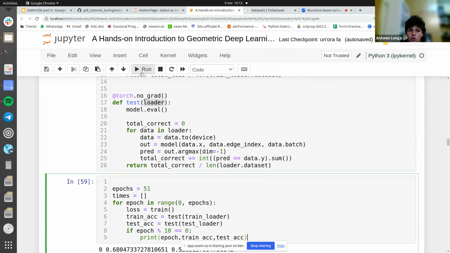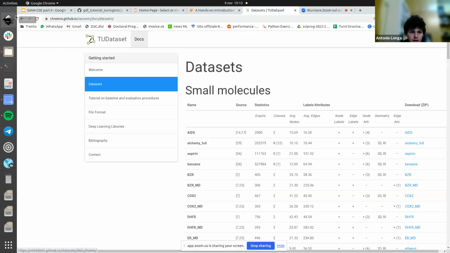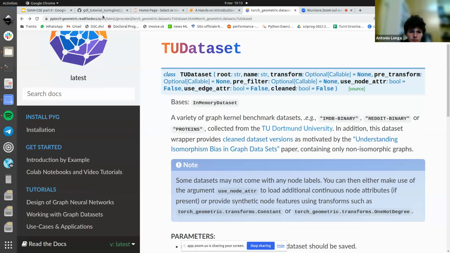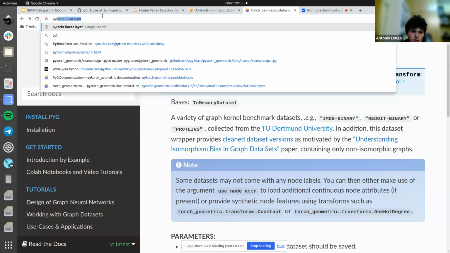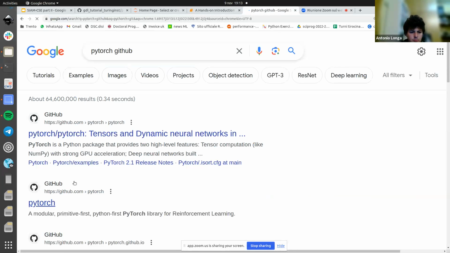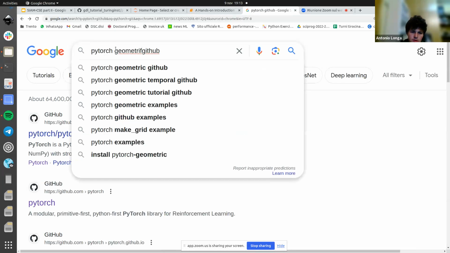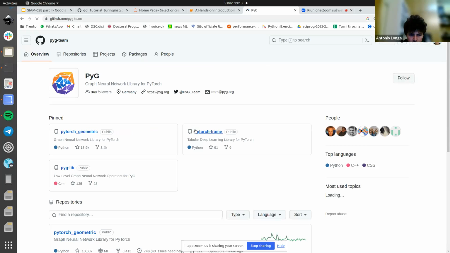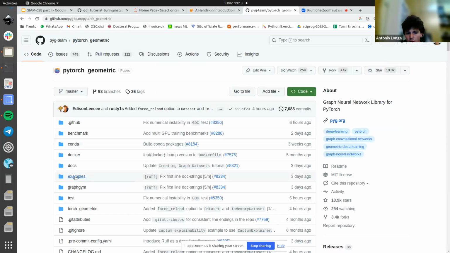If you go on the official library, let me show you. If you go on the GitHub repository of PyTorch Geometric, there is this folder with examples, and they are really easy to follow.